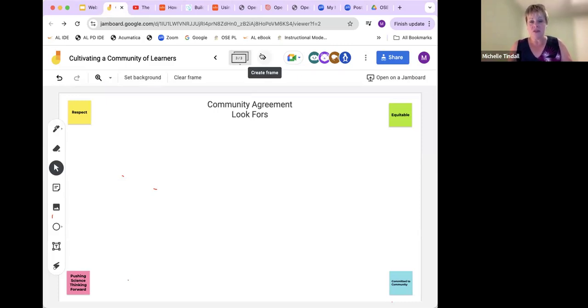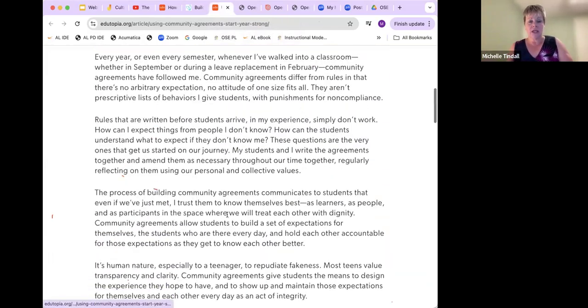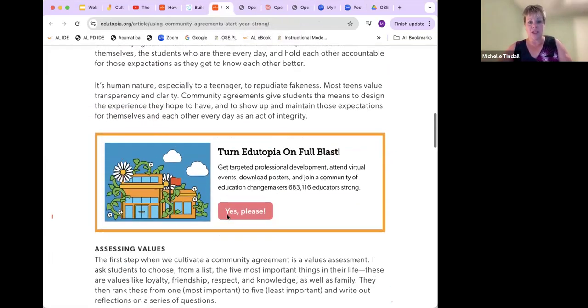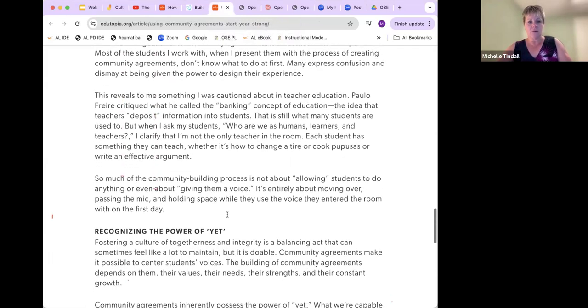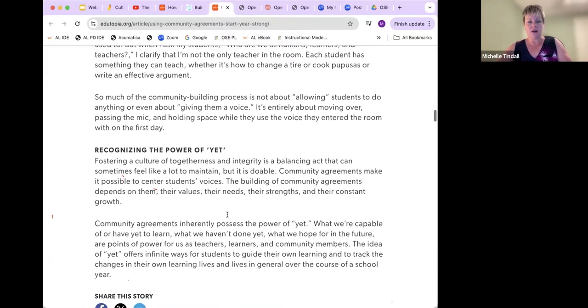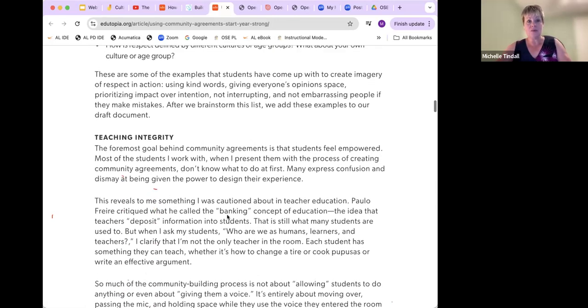But as I have students working on it, I will ask them to come up with their look-fors, right? So in the article, it talks about having them co-created, and I'm going to just kind of skim through here because it does give a couple of interesting points here. That power of yet that we talked about, right? Super important.